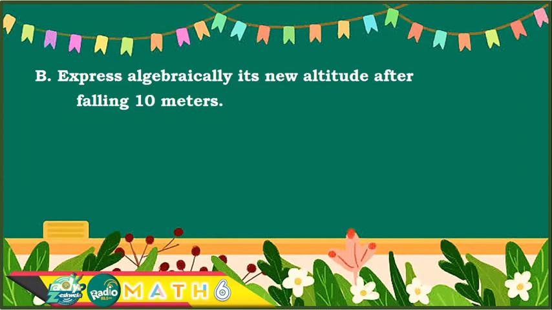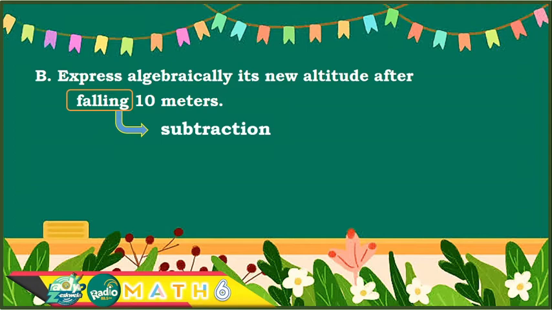For the second task, we have to express algebraically the new altitude of the kite after falling 10 meters. Again, look out for the words that will give us a clue on what particular operation we will use. What clue word did you find? Very good! The word falling is the same as decreasing, which means we will use the operation subtraction.